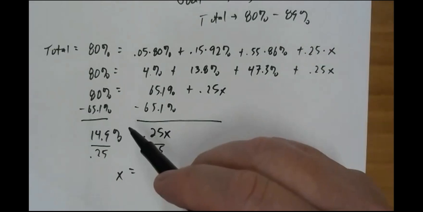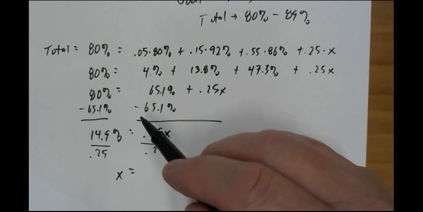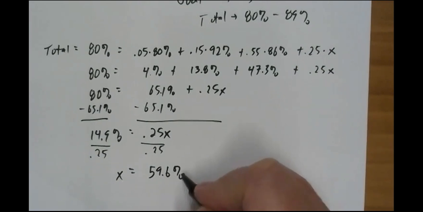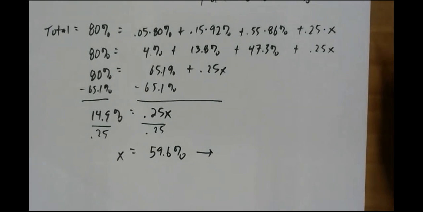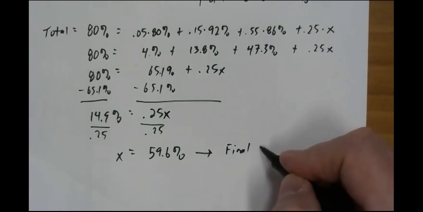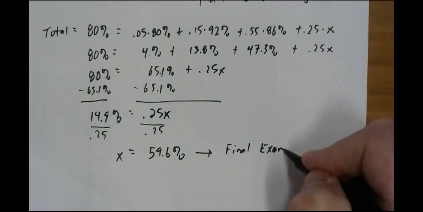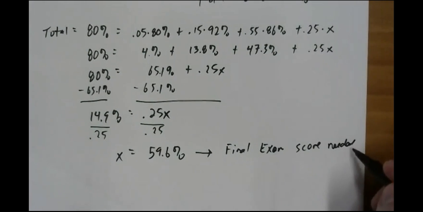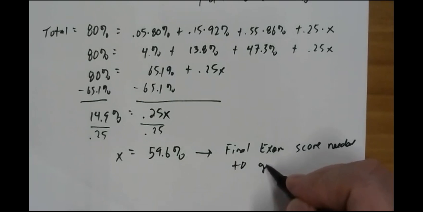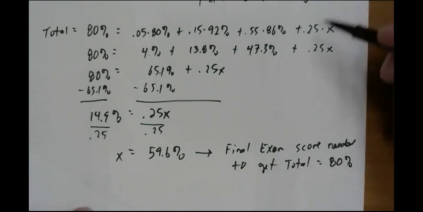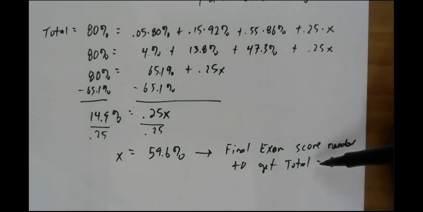When I do that, 14.9 divided by 0.25 equals 59.6%. So what is that saying? This is the final exam score needed to get the total score equal to 80%. In other words, this is the score you need to get the lowest possible B. So you get a B in the class.